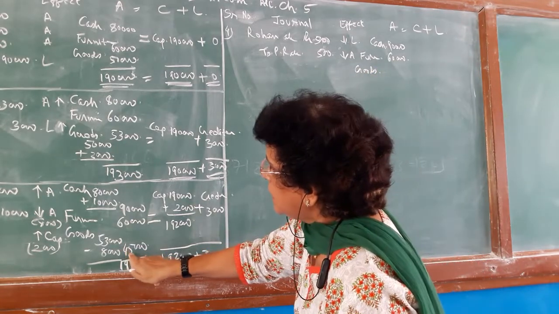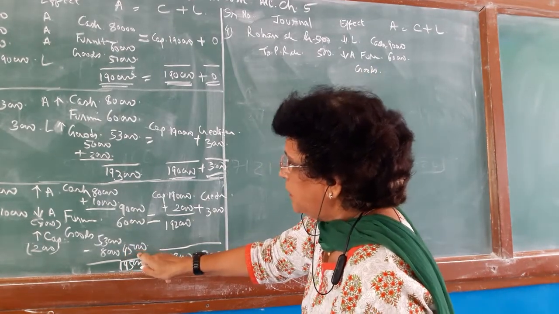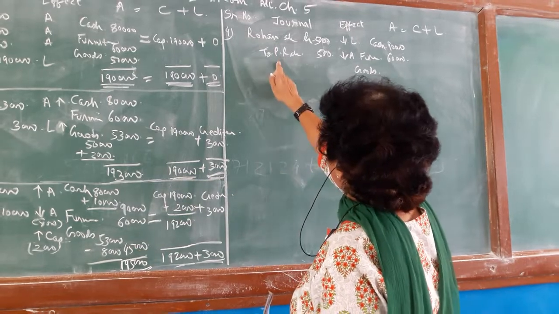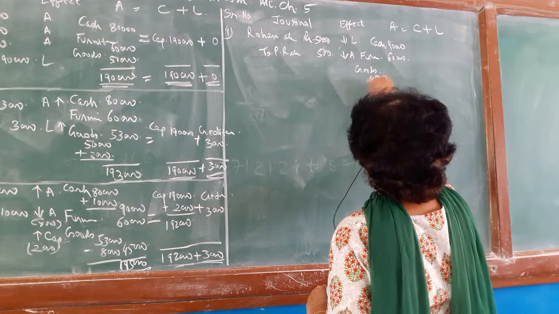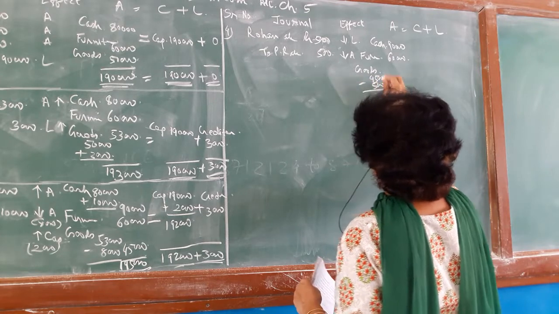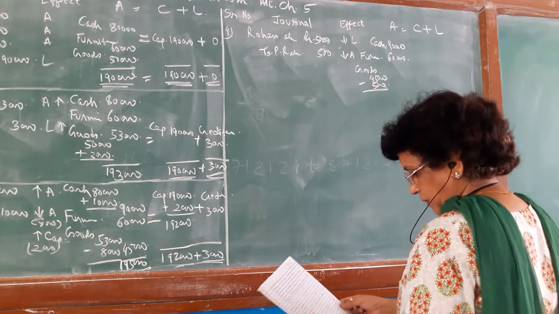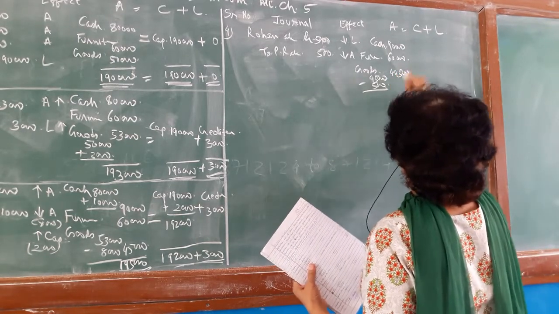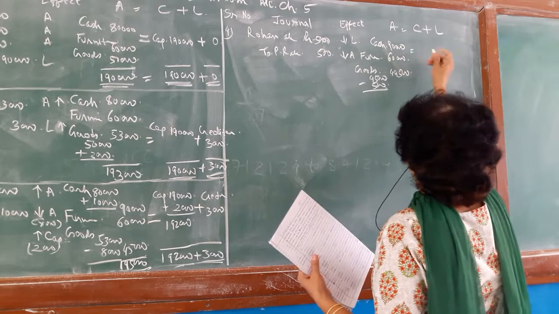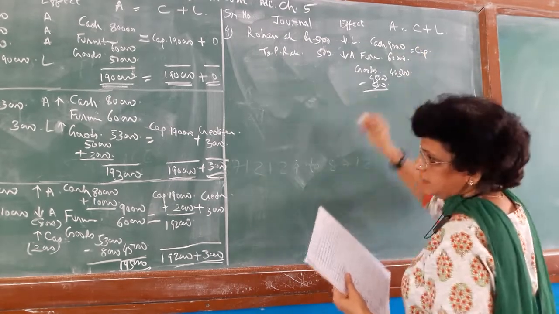The previous figure was 45,000. Out of this, we are returning goods of 500. So 45,000 minus 500 you are returning, so the remaining amount is 44,500. Now here capital is unchanged.